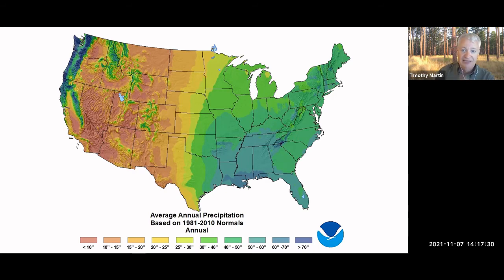Moving in from the Pacific toward the central part of the landmass, we tend to see really sharp increases in precipitation as you move up the west side of mountain ranges, and then a sharp drop off in precipitation as you move into the rain shadow to the east of those mountain ranges. So precipitation varies both with distance from the ocean, but also with geographic features like mountain ranges.